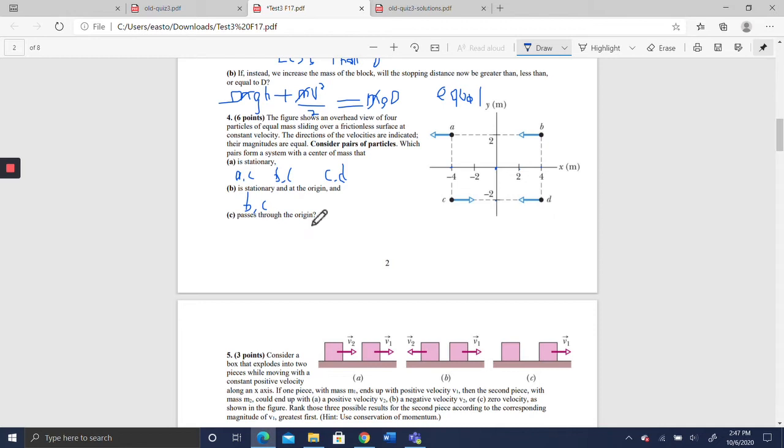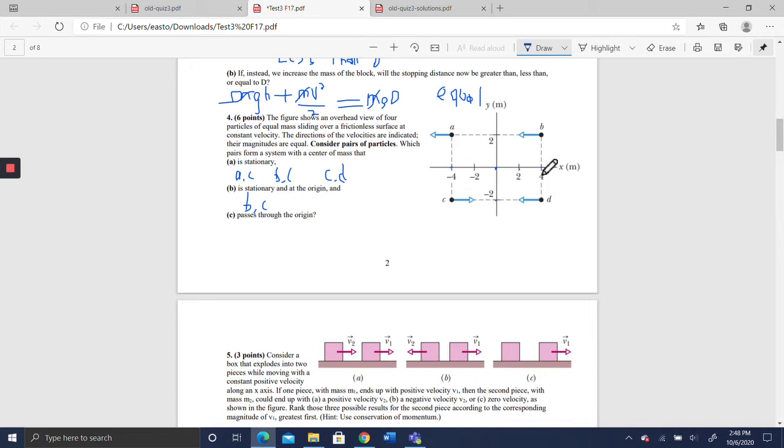And then they want to know which passes through the origin. So that means that the center of mass is moving. So we can already cross out these three. That leaves us with BA, that never touches the origin, so we don't need to focus on it. DC, same thing. Oh wait, no, sorry, DC is covered here, that doesn't touch, even though it's stationary.